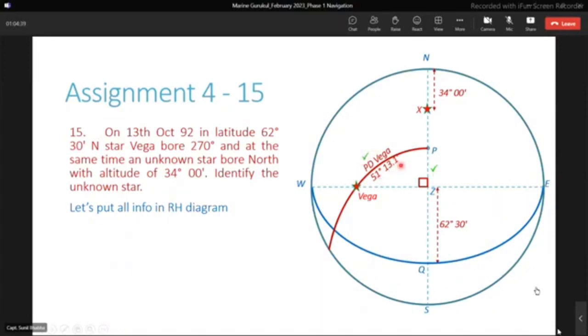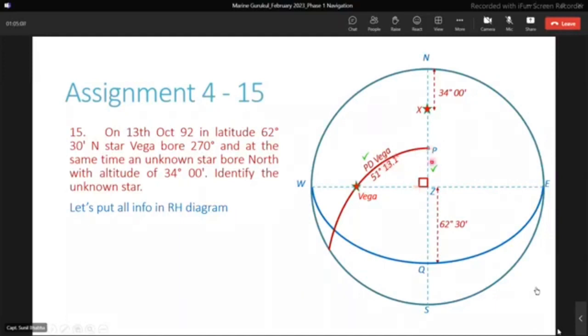Now you see in this triangle PZ Vega, it's a spherical triangle. All the three sides are great circles, and it has a speciality. Angle Z is a right angle. So we can apply Napier's rule in this triangle, and we can find out anything else using these two known values.